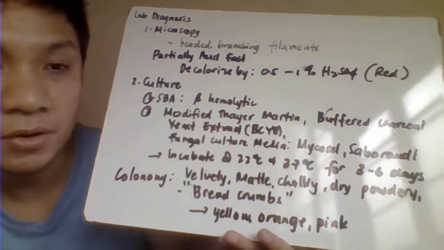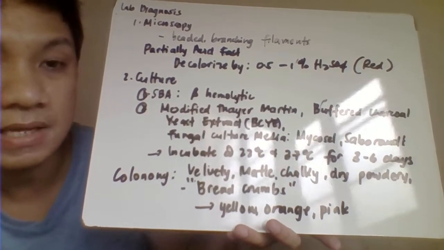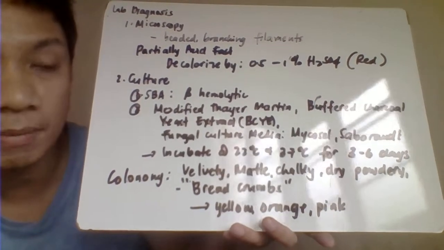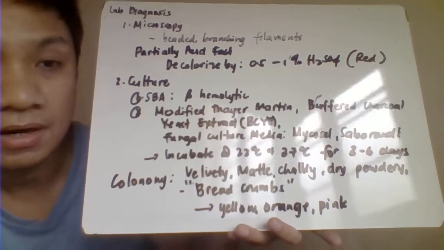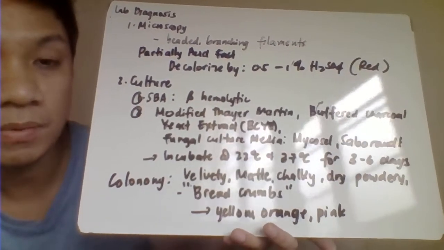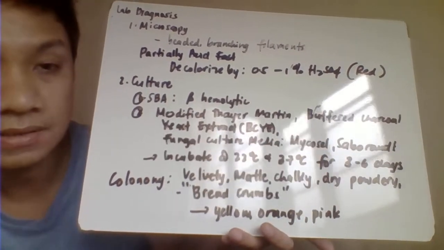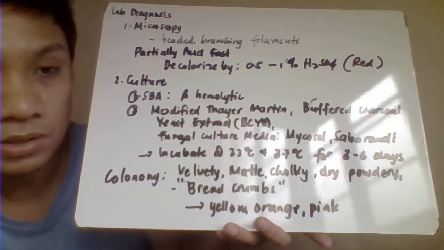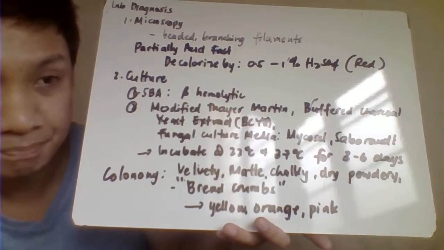Pag ginamit mo dito ang acid alcohol with your acid-fast bacilli staining reaction, magiging gram-positive ito or magiging color blue ang color nito. But you need here a weak acid lang, 0.5 to 1% sulfuric acid, that would render that one decolorized. Then pag nag-add natin ng ating counterstain, which is your methylene blue, hindi na siya ma-decolorize.